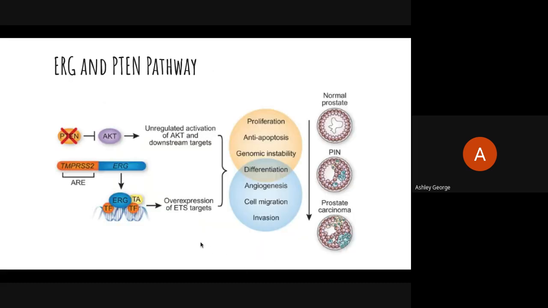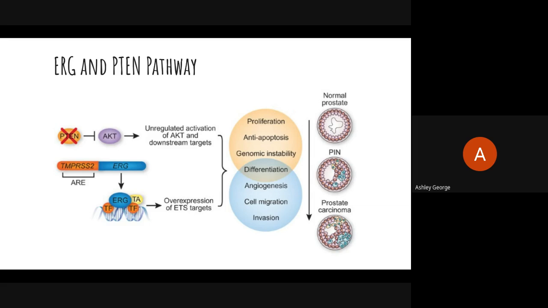And the last main pathway I'd like to mention is the ERG pathway, and how it works along with the PTEN pathway to contribute to cancer cell proliferation. So, as I mentioned before, the ERG is a part of a family of transcription factors. They stimulate cell growth to take place.